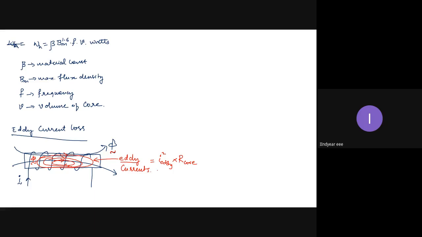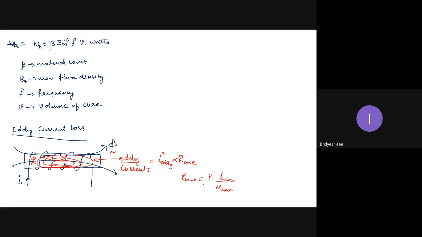If the resistance of the core should be zero, then the dimension of the core should be zero, because R core is equal to rho L by area of core. Now, if I have to make resistance 0, length and area should be 0.